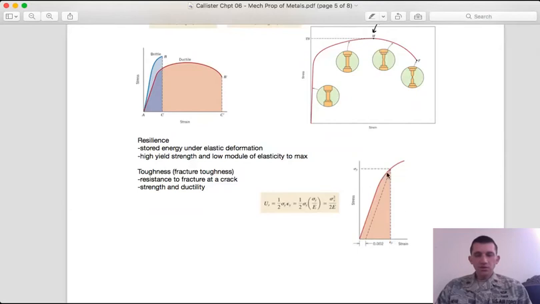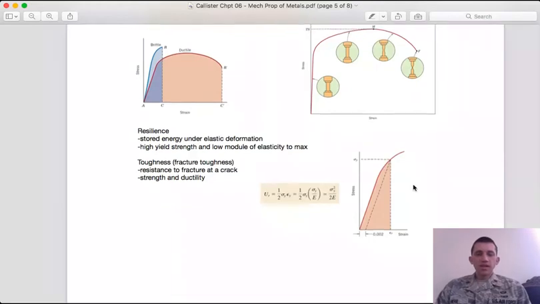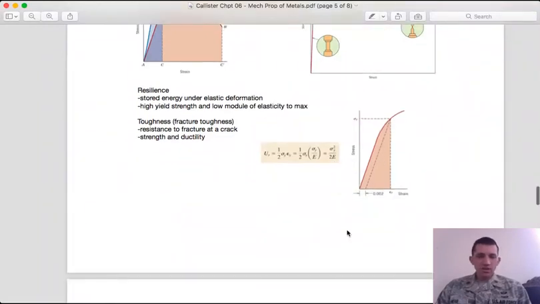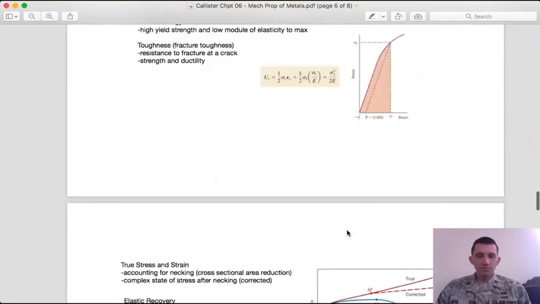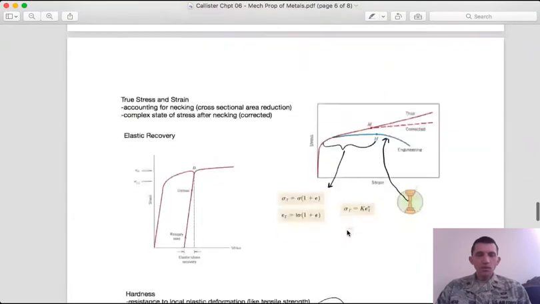It's generally measured more narrowly in terms of the elastic region, where we're looking at the area just in this elastic region. So we want to maximize the yield strength, and actually minimize the elastic modulus so that we can get this area to be as high as possible. Okay.